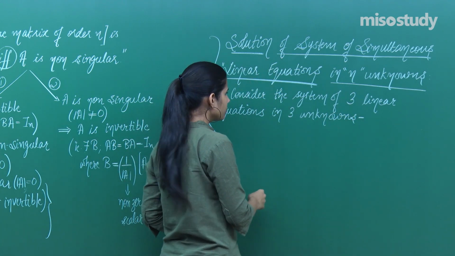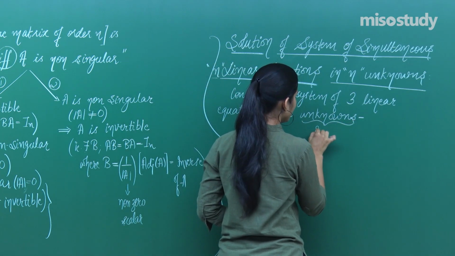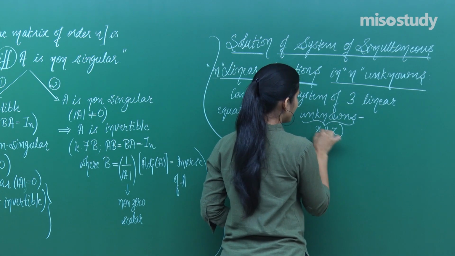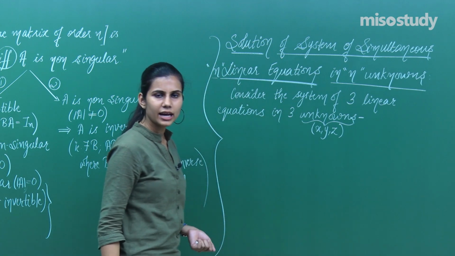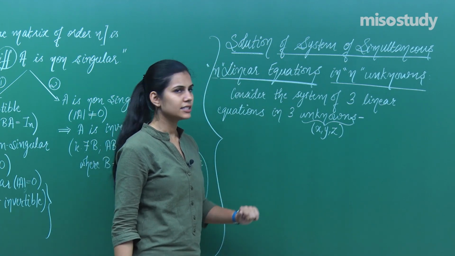Generally it is going to look like what? So the three unknowns are x, y and z. I don't know the value of these three unknowns. I have three equations in these three unknowns.